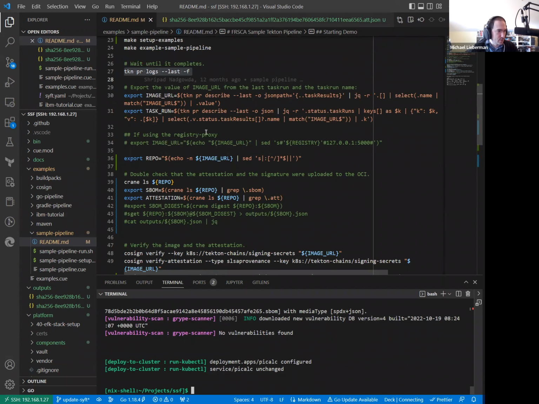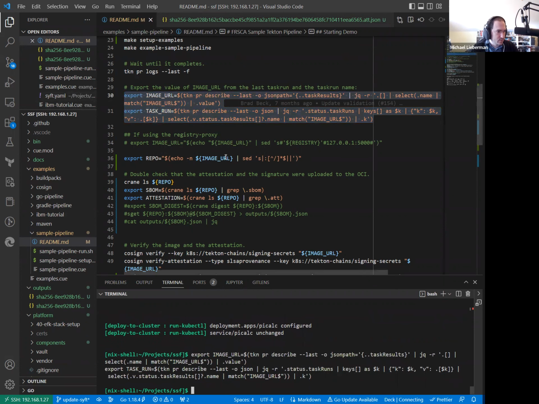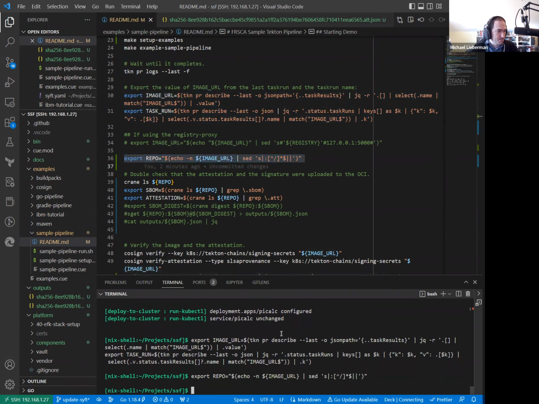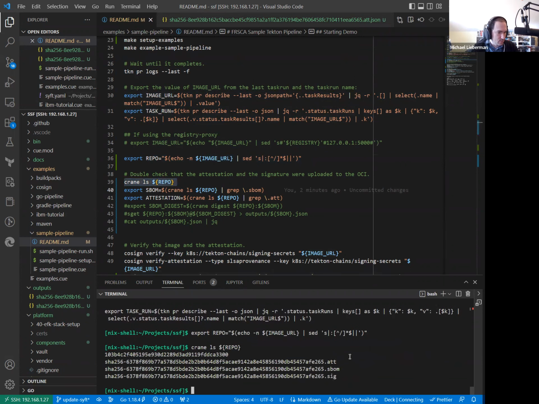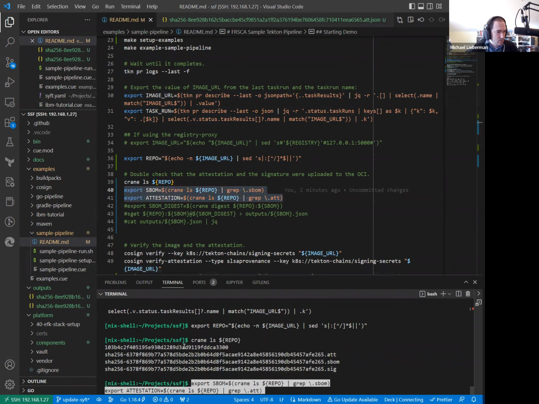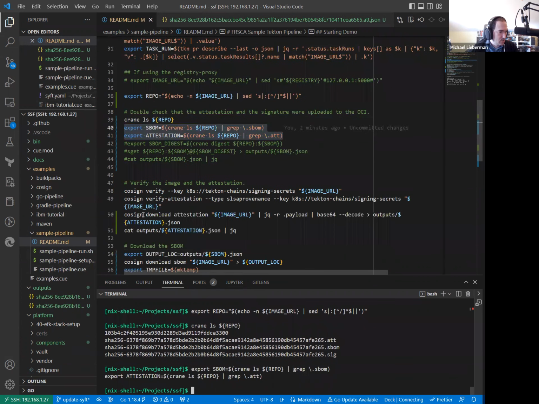Cool. So, all right, I can do normal sort of stuff that we do for the repos. Right, so the SBOM is there. Cool. And I'm not even going to verify it. I'm just going to show you.